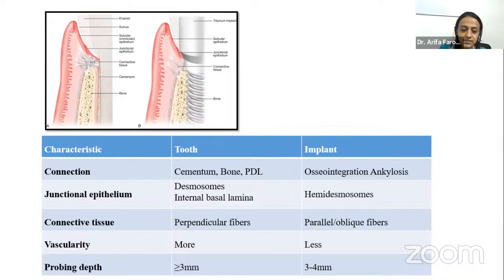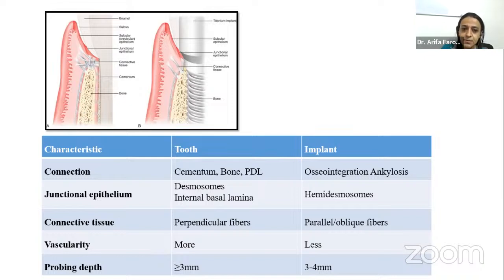Now coming to the connective tissue component, there is an abundance of collagen fibers. As I said in the earlier slide, this peri-implant mucosa is formed as a result of wound healing. We did an implant surgery and wound healing took place, so there is an abundance of collagen fibers as compared to the natural tooth.